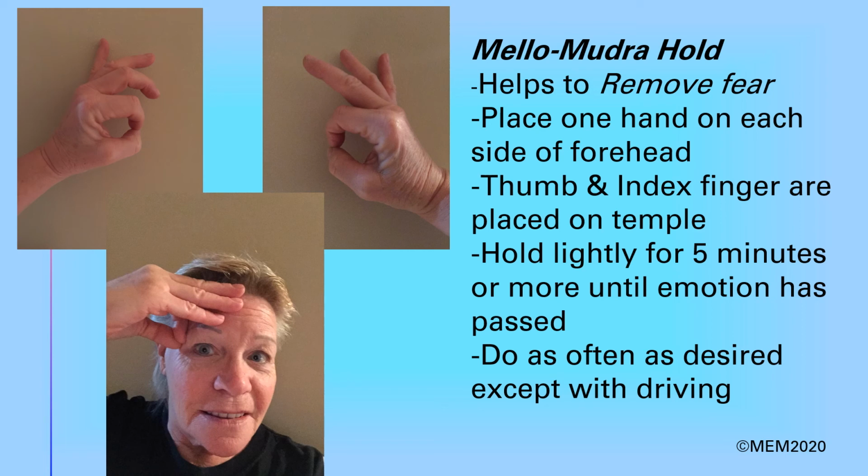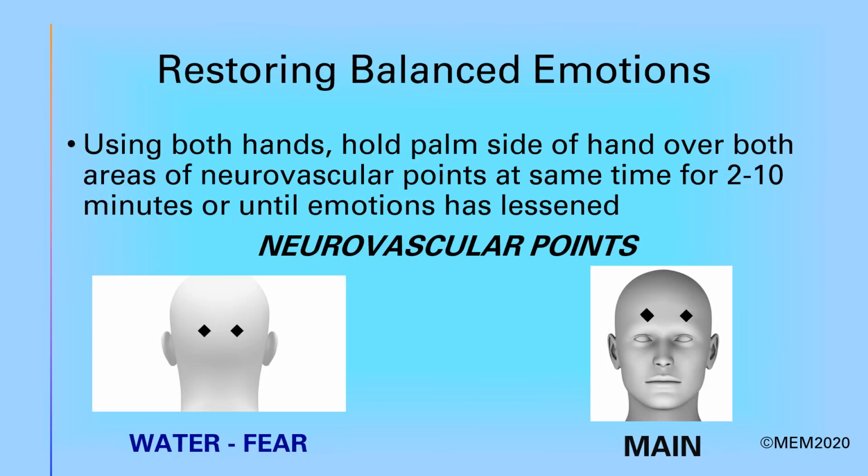It quiets the ego mind. It brings blood to the fore of the brain. And again, when you have blood circulating in your brain, the excess emotions aren't there. There's been PET studies done, CT scans, MRIs done on different emotions. And when you have a fearful emotion or an unbalanced emotion that you experience, the blood leaves the forebrain.